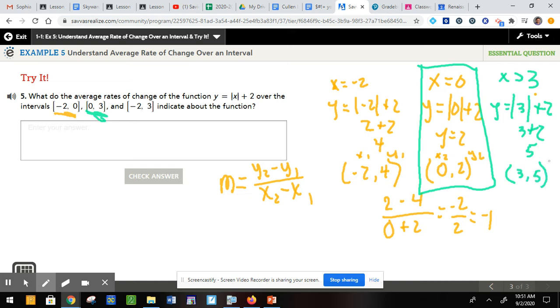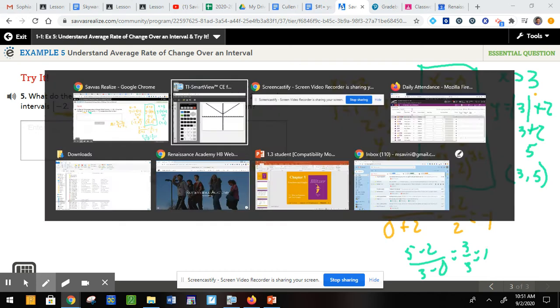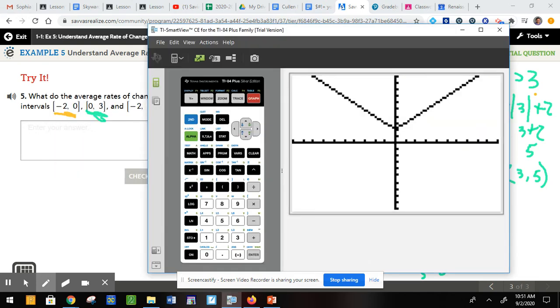The average rate of change for the interval 0 to 3 is going to be the slope between that point and that point. So I'm going to do the same work. 5 minus 2 over 3 minus 0. You end up with 3 over 3, which equals 1. When I go and look at the graph, that makes sense, right?